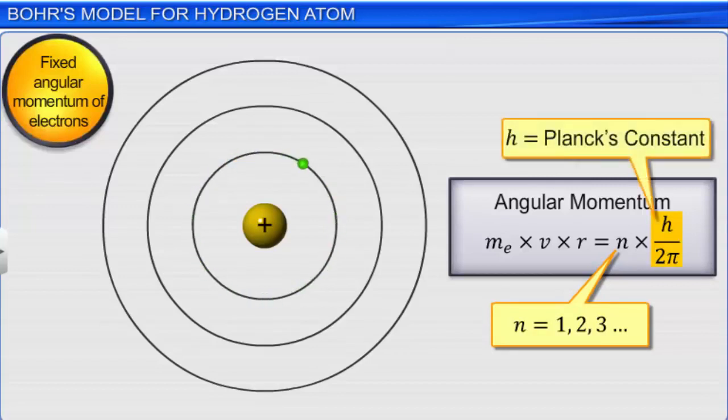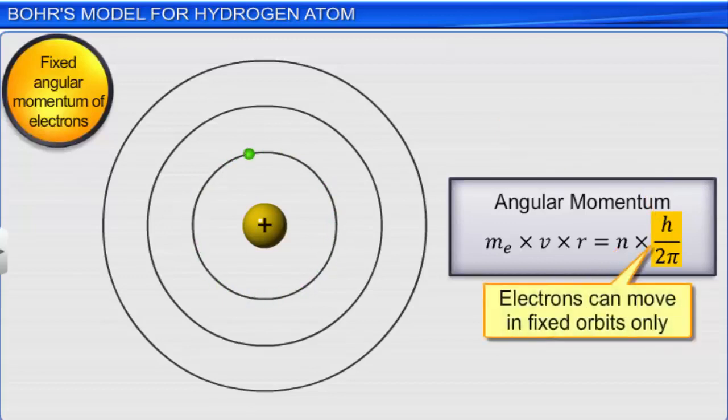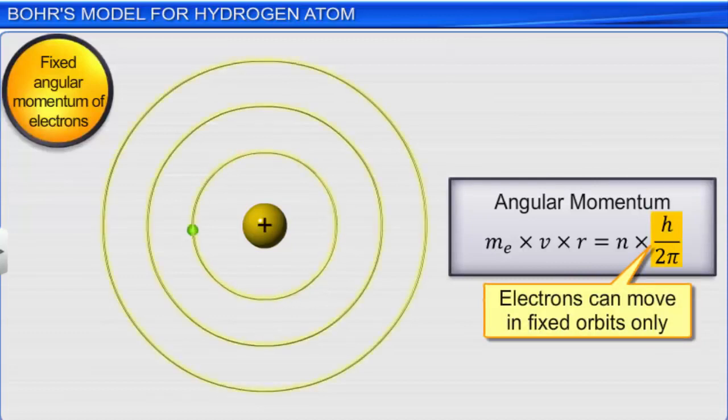Since angular momentum can only be an integral multiple of h divided by 2 pi, only certain fixed orbits or stationary states are allowed for electrons to move around the nucleus.